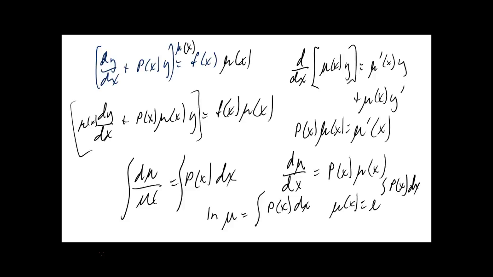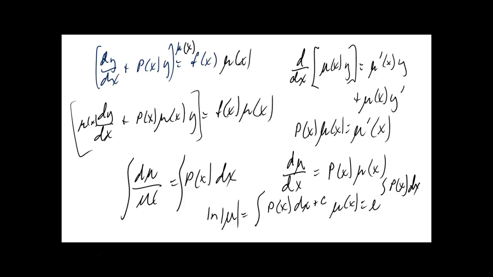Technically, I should have written absolute value bars around the mu, because you can't take the log of something that's negative. And one other thing I didn't do, we need a plus c in here, because that was an indefinite integral. So you have to have a plus c from taking this integral.